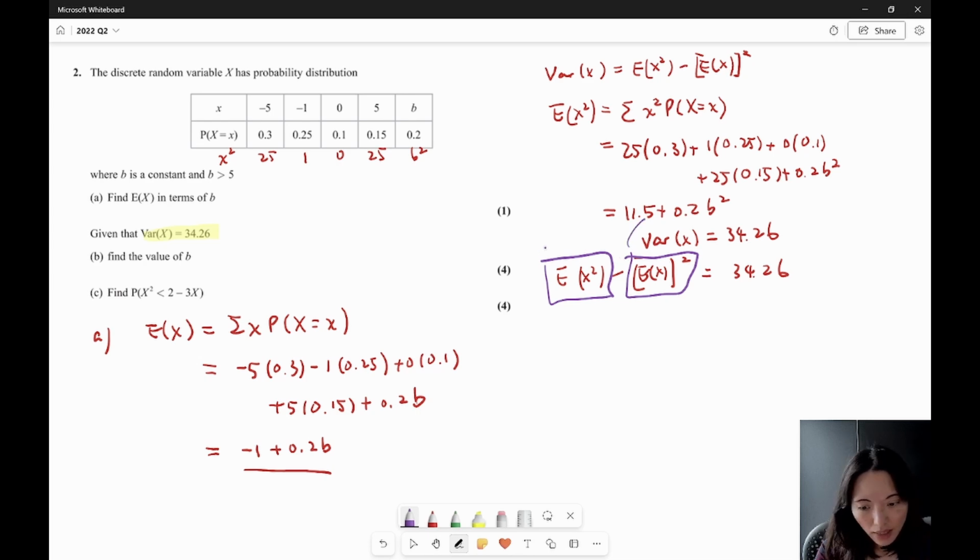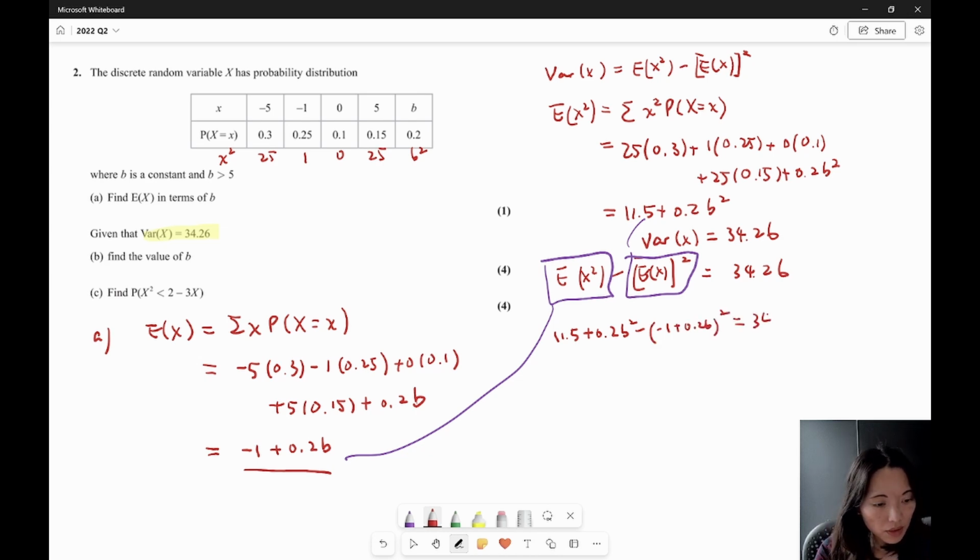Substituting what we know about the expectation of x squared and also the square of the expectation of x, we get 11.5 plus 0.2b squared minus (-1 plus 0.2b) all squared. And this is just algebraic manipulation.